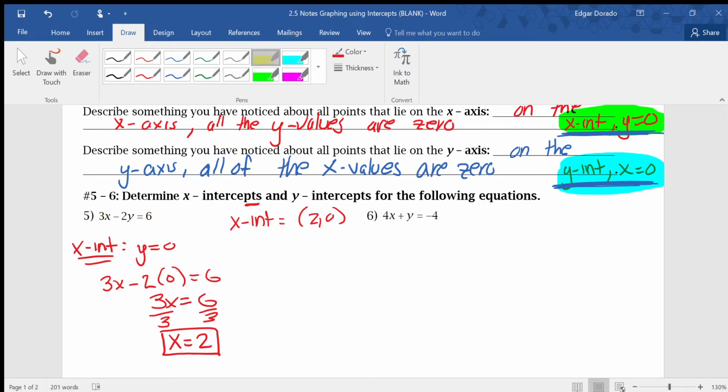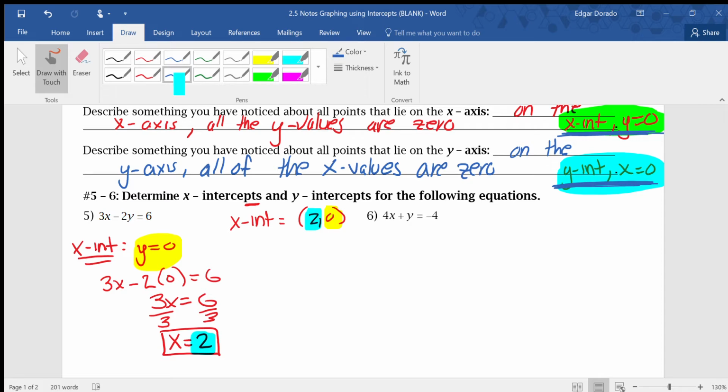Why is it 0? Well, we substituted in 0 for y, that's why I have that. And my new value that I just found is 2, and hence I have my 2 there for my x value.